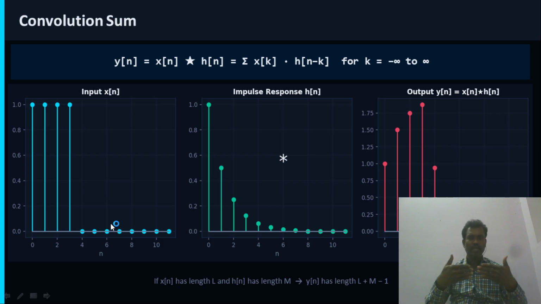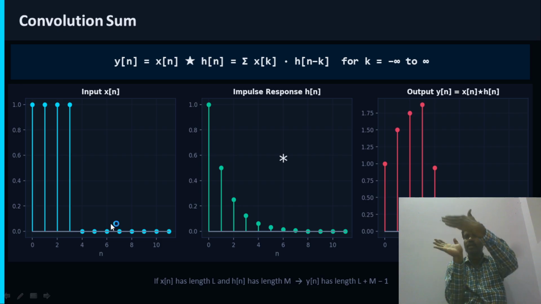So x of n is this one, h of n is this one. We will fold it like this. This is x of n and this is h of n. One signal is kept constant, another sequence we fold. We reverse h of n, shift it from minus infinity to plus infinity, and multiply.